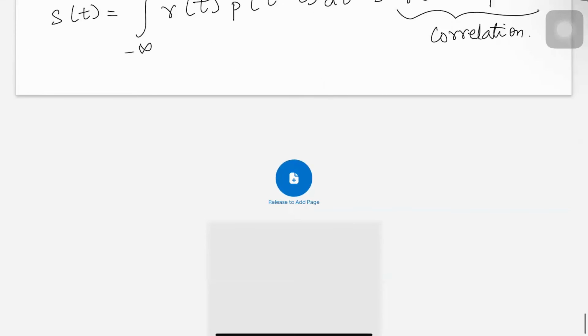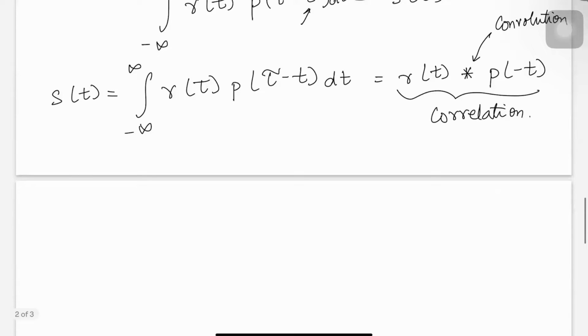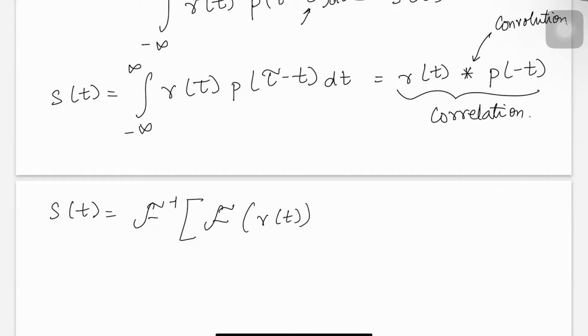Hopefully you're familiar that I can also write this as s of t being the inverse Fourier transform of the product of the Fourier transform of r of t times the Fourier transform of p of minus t. This is a property of convolution and Fourier transforms: a convolution operation is just a product of the Fourier transform of each term, and then I take the inverse Fourier transform to come back to the time domain.